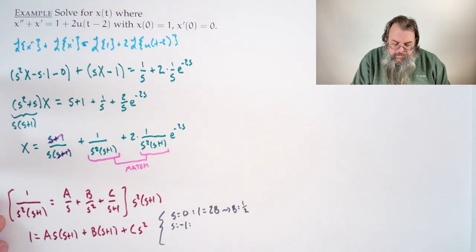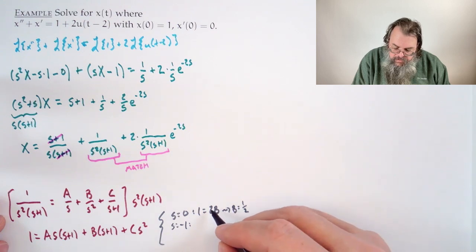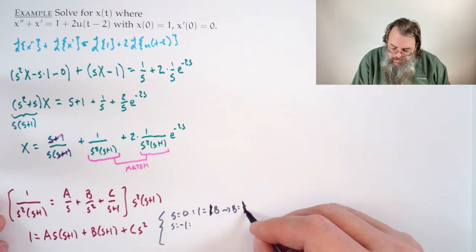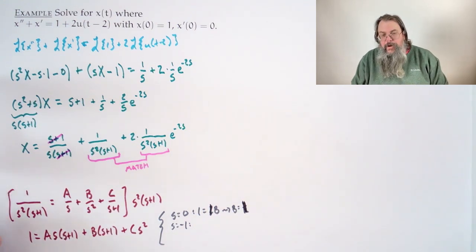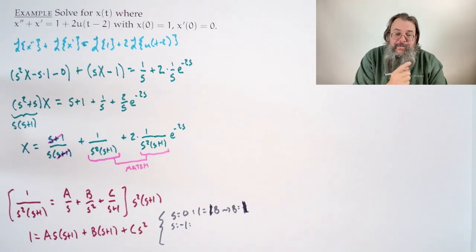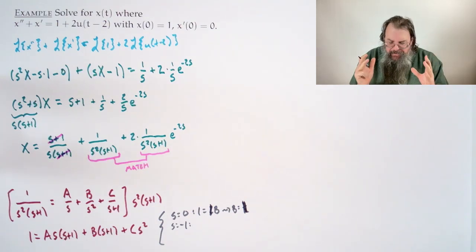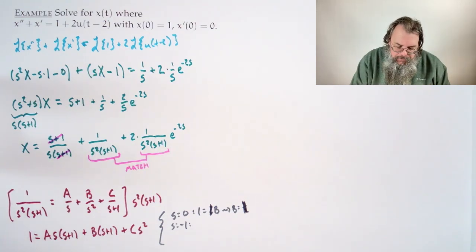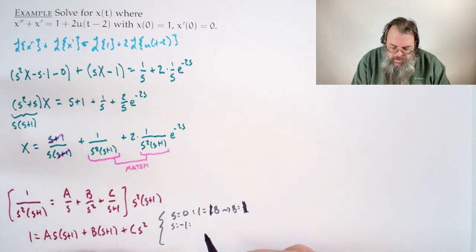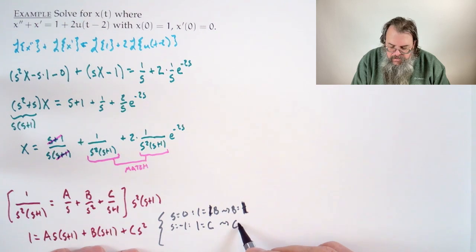Wait, why did I write 2b? No, I thought s equals 1. No, s equals 0, 1 equals b. b equals 1. Oh, my goodness. No matter how long you've been doing this, it's easy to make silly mistakes, which is why it's okay to pause and say, wait, that doesn't seem right. Okay, s equals minus 1, and we'll get 1 equals c. Okay, great, c equals 1.